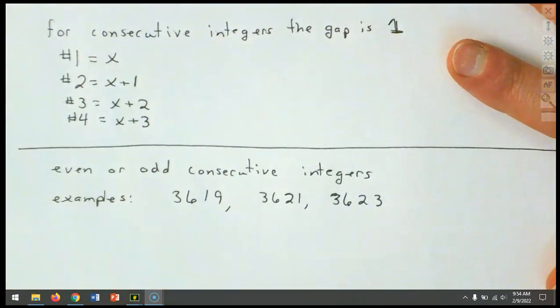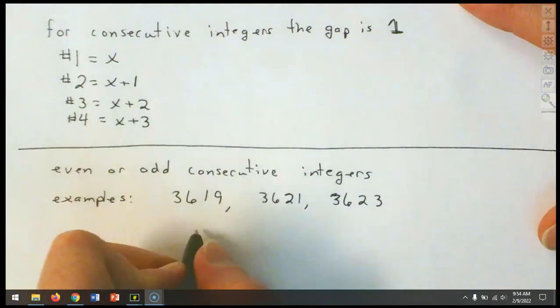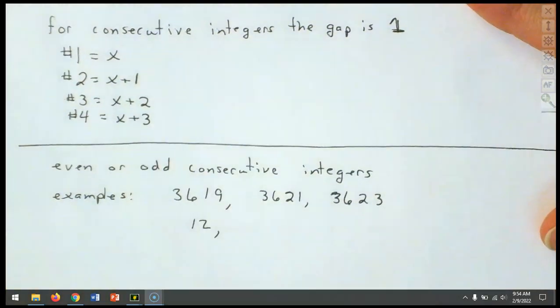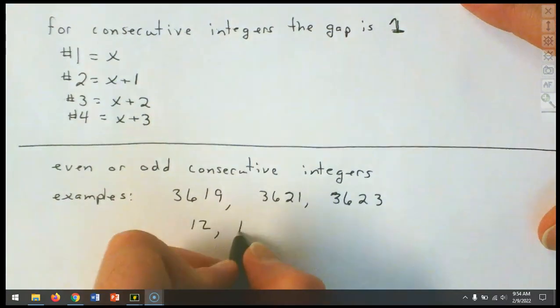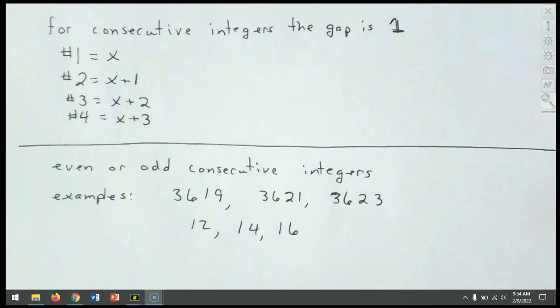You can also just have pages in the textbook. So you could have 12. What's the next even number in this case? 14. Next even number would be what? 16. Now, what's the difference between these and just plain consecutive integers? Well, these have a gap of what? Plus 2. Okay?